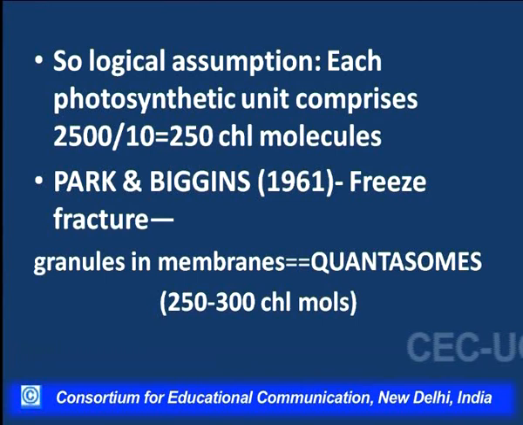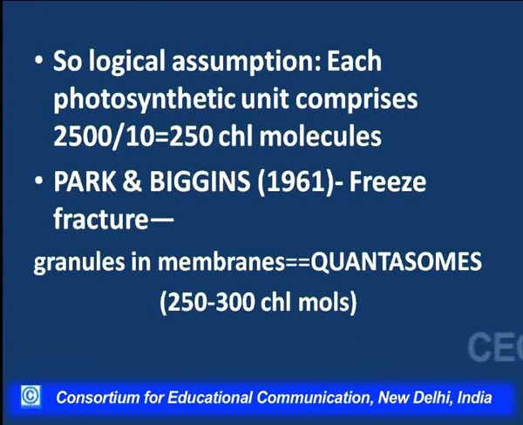The story was pretty good and well knit, until 2 cytologists, Park and Biggins, found out by a specialized technique of freeze fracture that there were certain granules in the membranes of the grana, and the distribution of these granules was fairly uniform, fairly regular in the grana membrane.